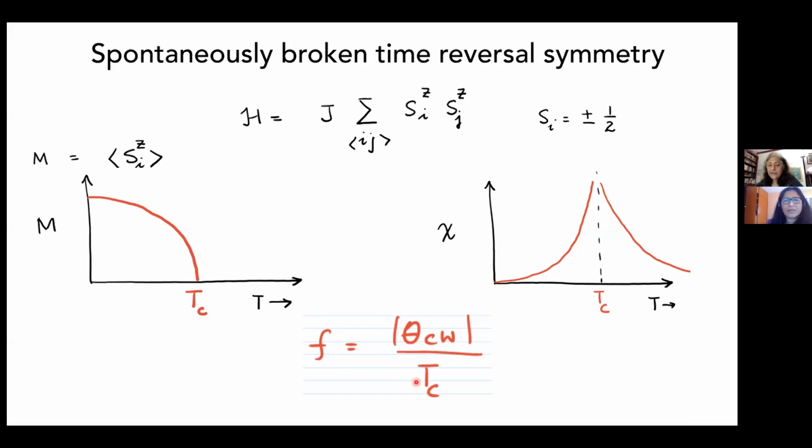So in a spin liquid, this ratio will become basically infinity. That would be ideal because T_C tends to 0. There is no ordering in a spin liquid, and F will now, in that case, tend to infinity. But even if T_C has not totally gone to 0, if F is large, it's already an indication that we have to pay attention to such a material.